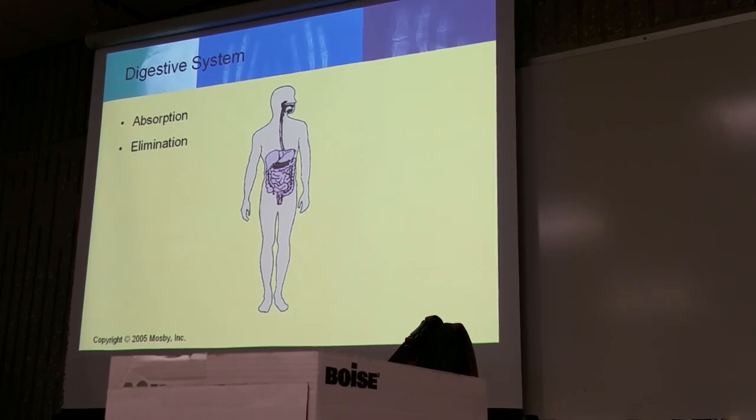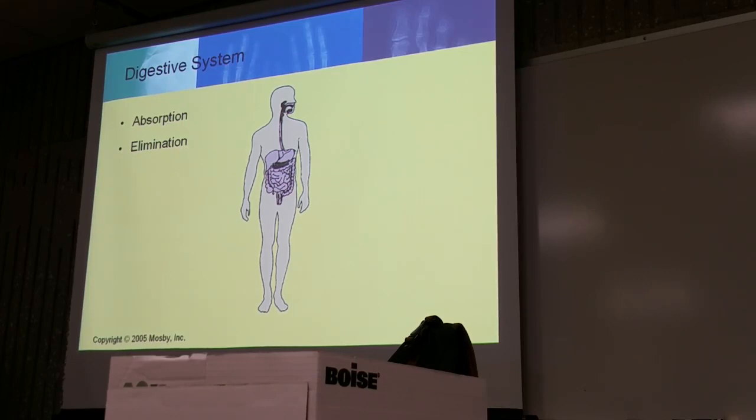But the digestive system, to better visualize it, we need to introduce some kind of contrast agent to outline the alimentary canal, which is your esophagus, your stomach, your small and large bowel. And you also have the different accessory organs of the digestive system. It is necessary to introduce a contrast agent to delineate it from the rest of the surrounding structures.